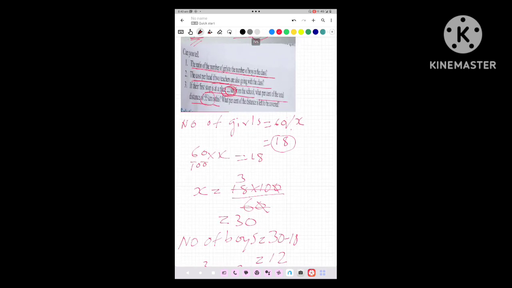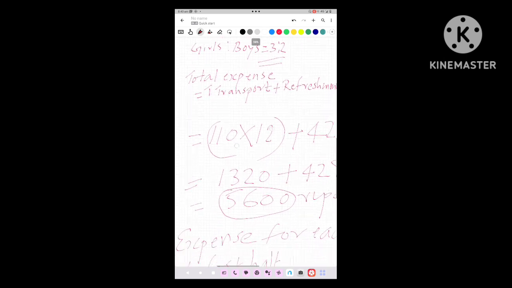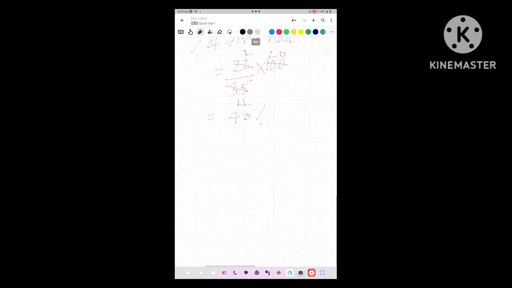What percentage of the distance is to be covered? 40% is covered. So how much is to be covered? 100% minus 40%. That means 40% is covered, so the percentage to be covered.